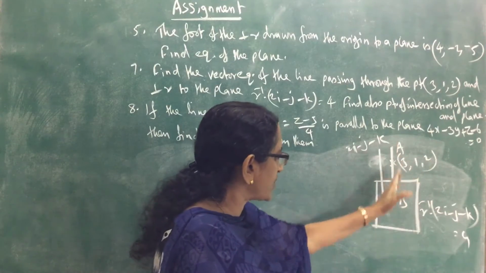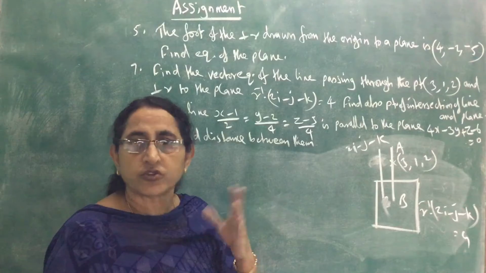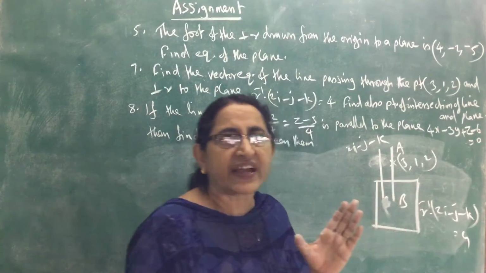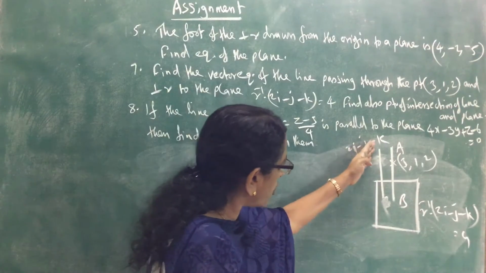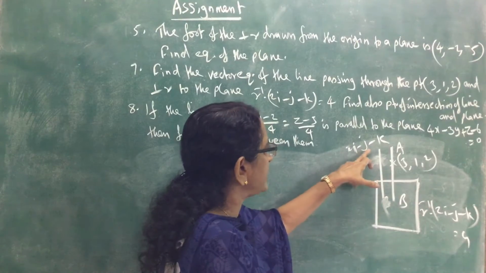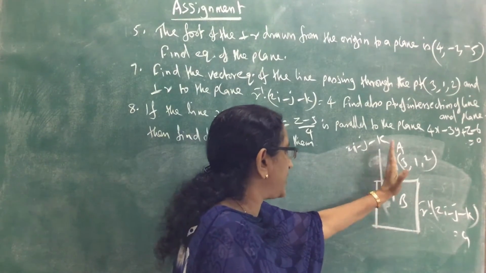From the equation of the plane, we know the normal vector to the plane, that is 2i minus j minus k. So we want to find the equation of line AB.